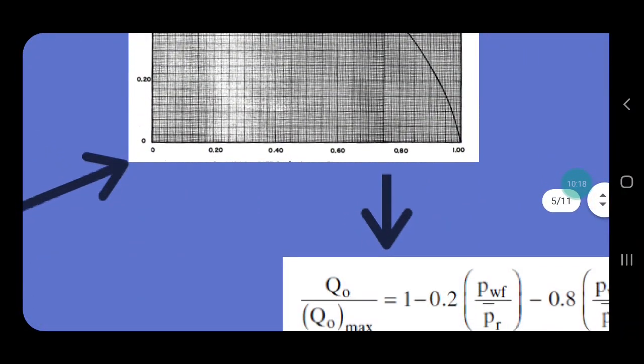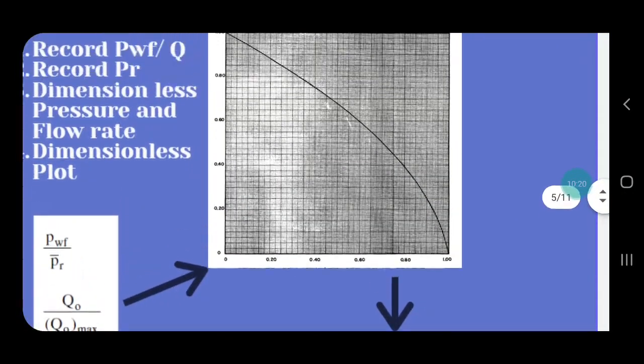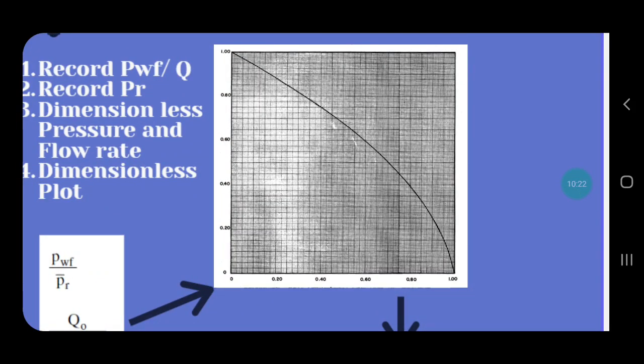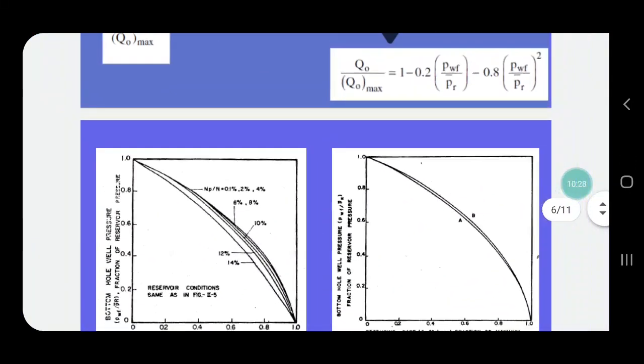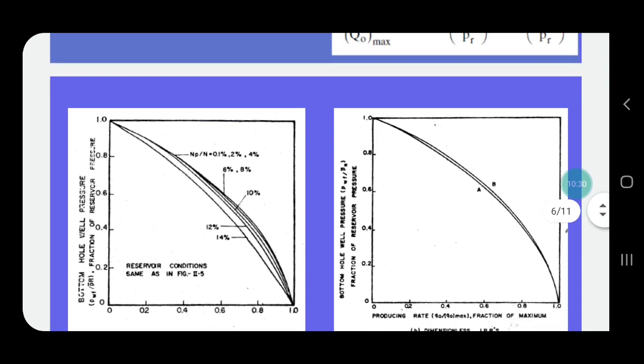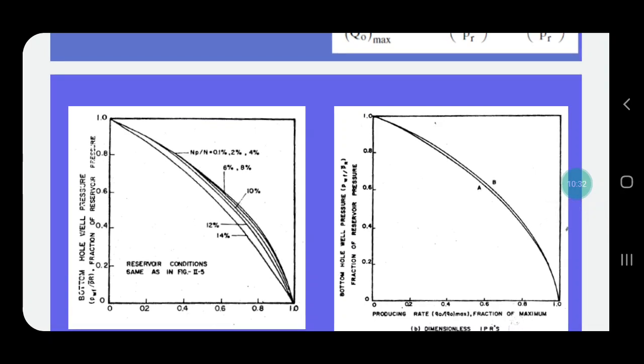Although this equation is 100% valid only for this specific curve, the beauty of using a dimensionless plot is that even though the conditions have a large variation, the nature and the trend line of the curve is almost similar.